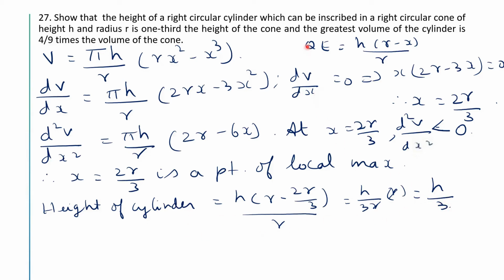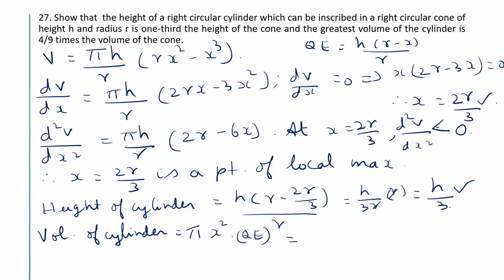Then we have to show that the greatest volume of the cylinder is 4/9 times the volume of the cone. So the volume of the cylinder is pi into the radius square of the cylinder, which is x square, into the height of the cylinder, QE. Here we have got the height of the cylinder as h by 3 and the radius of the cylinder as 2r by 3.